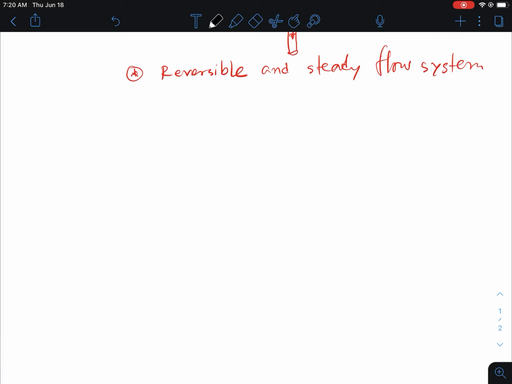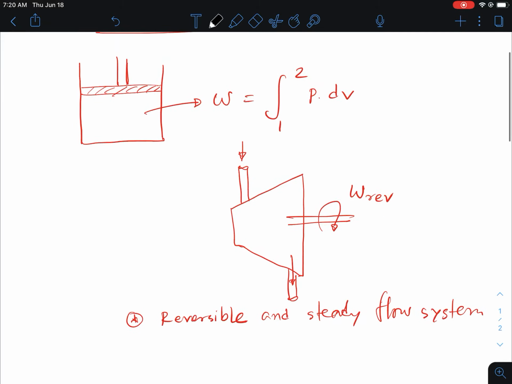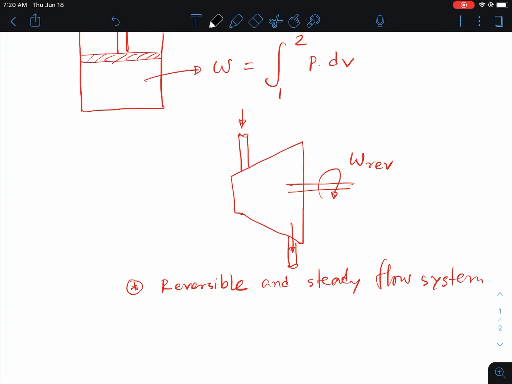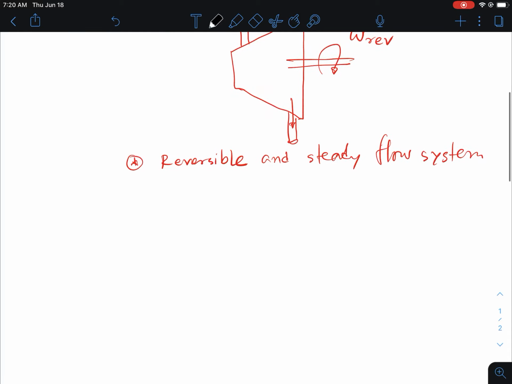For a quasi-static equilibrium process, or for a closed system, we know that the area under the curve of the PV diagram represents the work, and that relationship is P times dV.